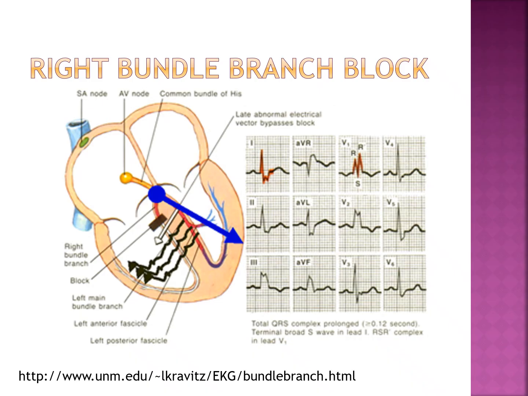But the big thing to look at when you're looking for a bundle branch block is to see in V1 which direction the QRS complex is going, whether it's going up or it's going down.